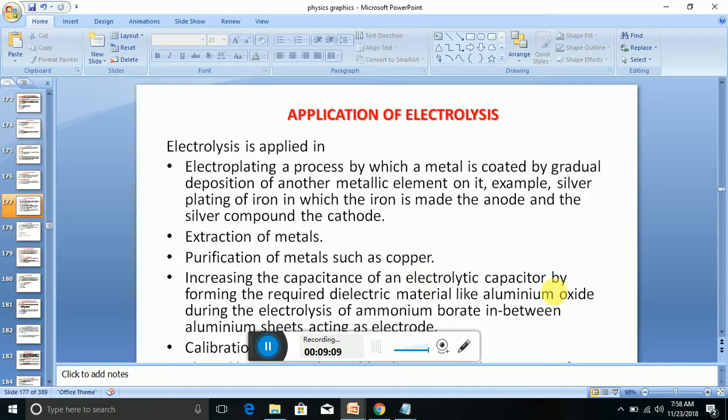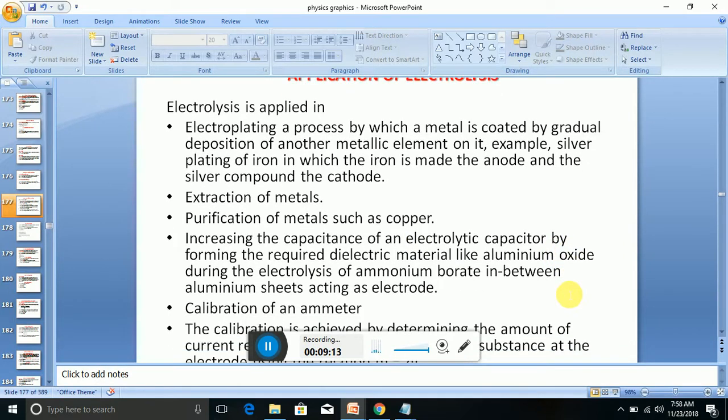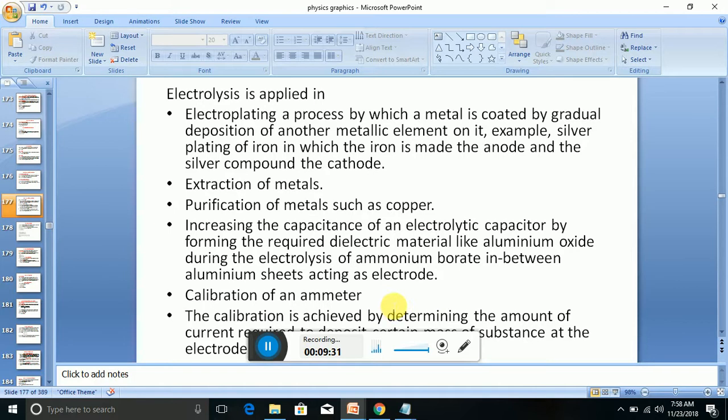So you can increase the capacitance by actually having electrolysis happen.